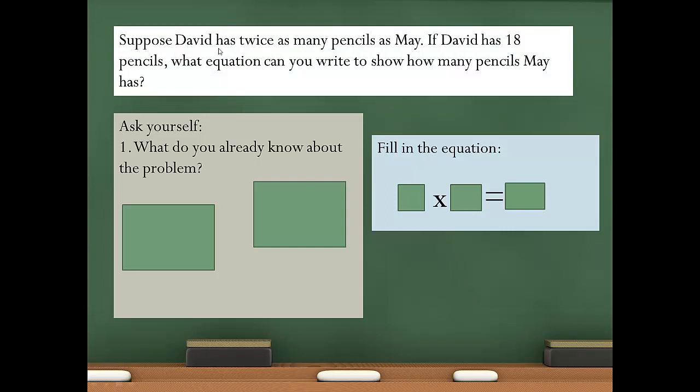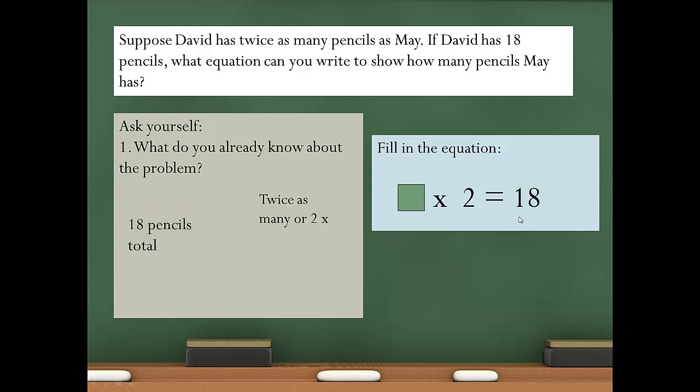Well, in the first line of the problem, it tells us that David has twice as many pencils as May. Twice as many, or 2 times, can be used to fill in part of our equation. In the next line, we learn that David has 18 pencils.